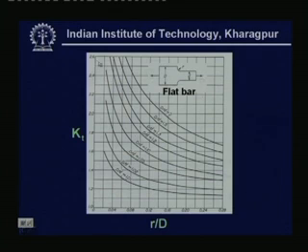So, obviously, this curve can be used for aluminum, cast iron, or mild steel, because it is independent of the material property. Now, I would like to tell you something about this particular fillet.